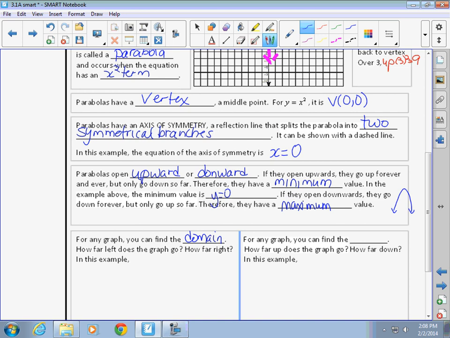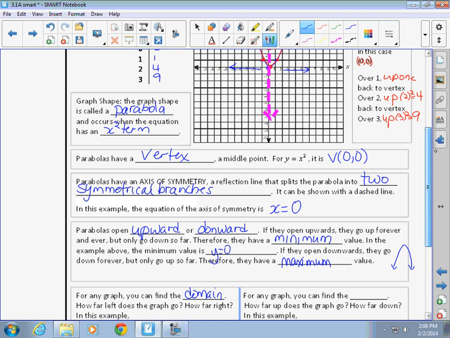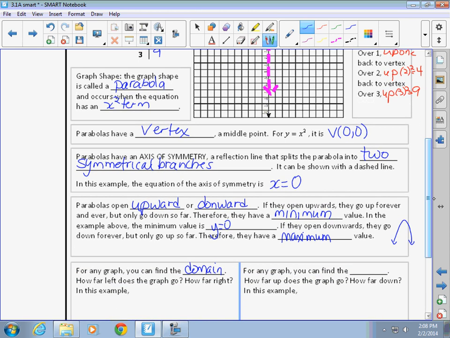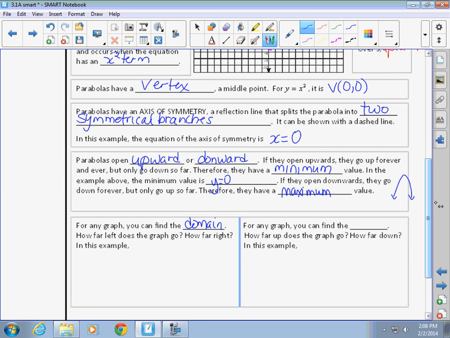So in this example here, our domain, we ended at 3 and -3, but I could have used -6. I could have used -306 or positive 306. So I could have gone on in either direction forever. So our domain, in this case, is all real numbers.